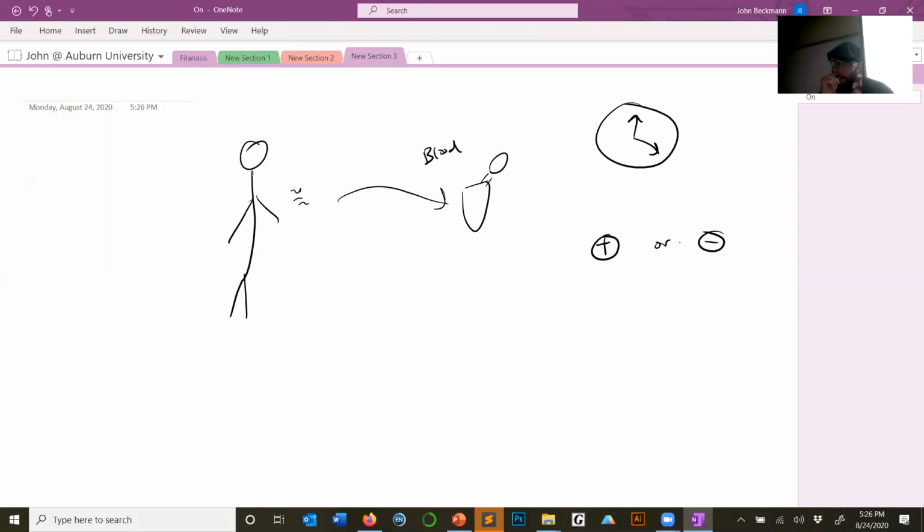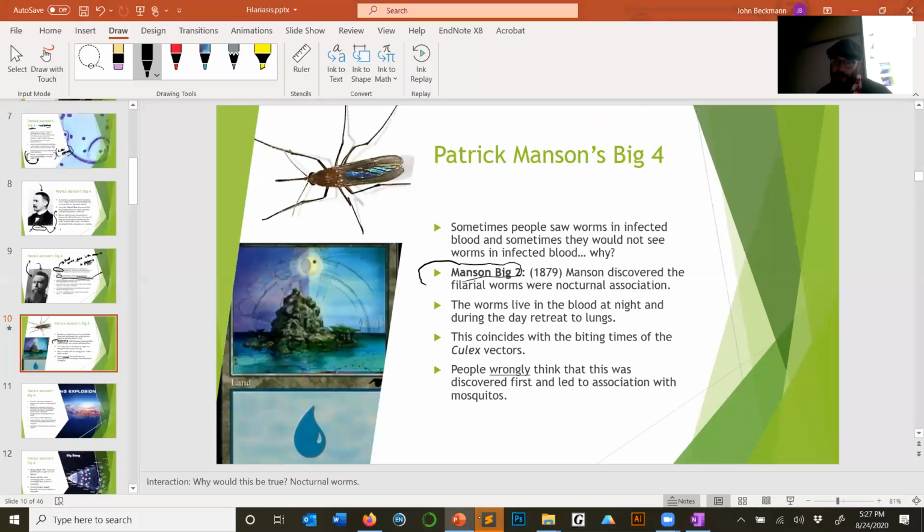So there was this strange phenotype where if you sampled from blood at night, you would see the worms. If you took the blood sample in the day, you would not see any worms. So Patrick Manson observed this.